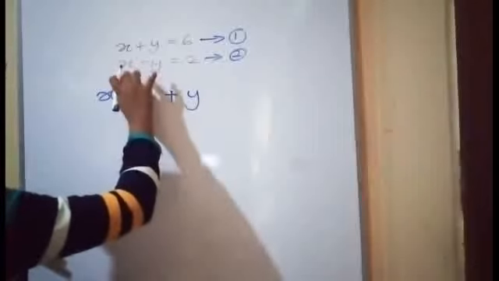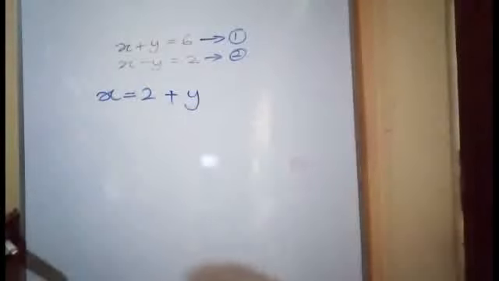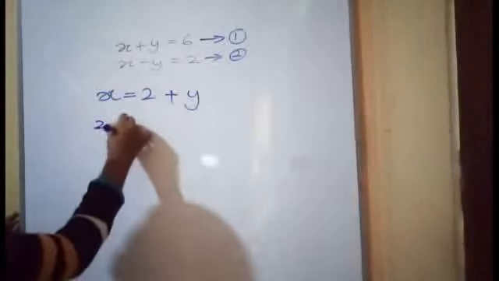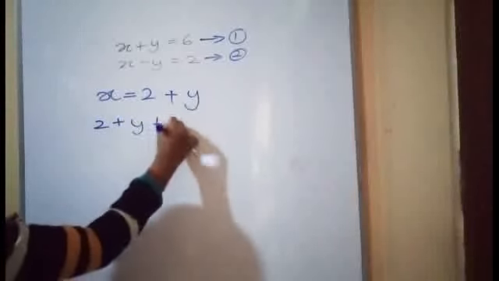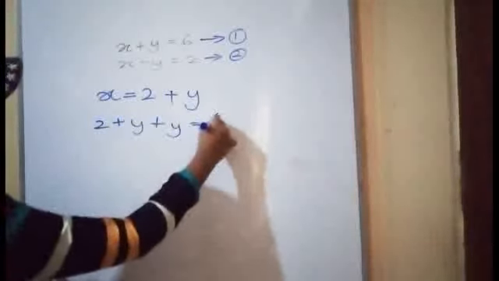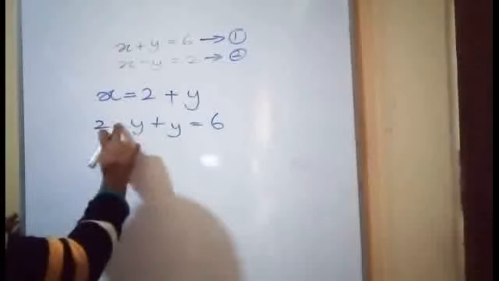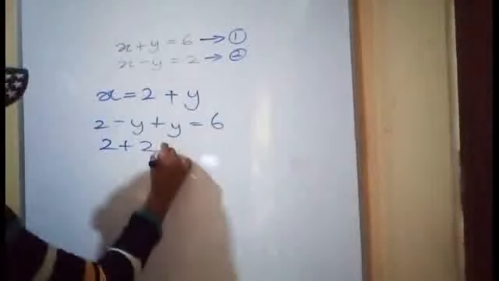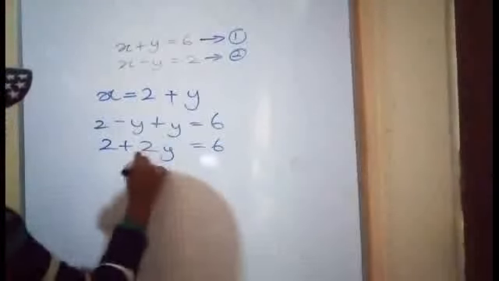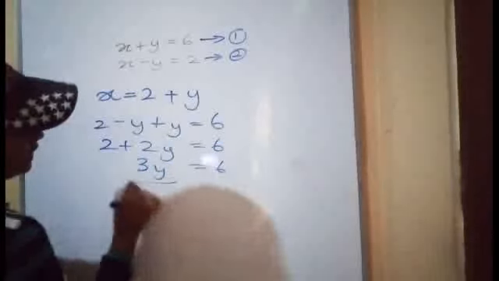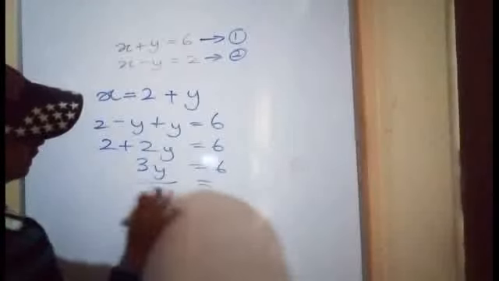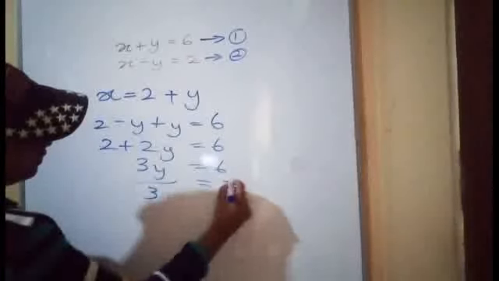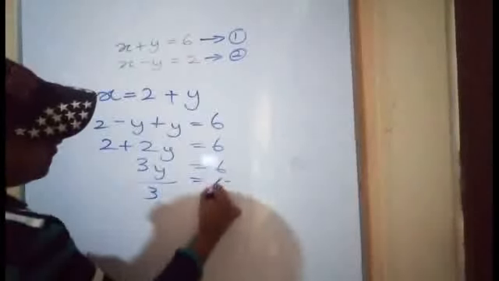Now 2 plus y, plus y equals 6. And now 2 plus 2y equals 6. That means 3y equals 6. Divide both sides by 3. And what are we going to have? The y is 2.